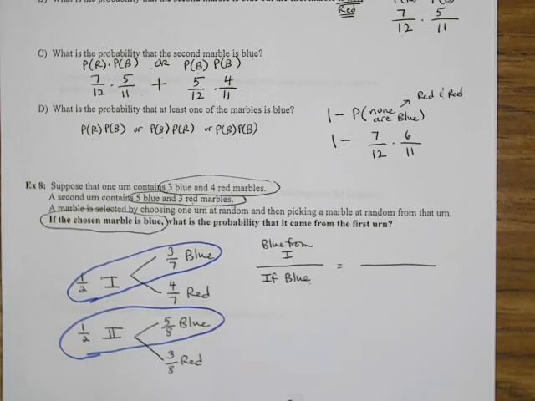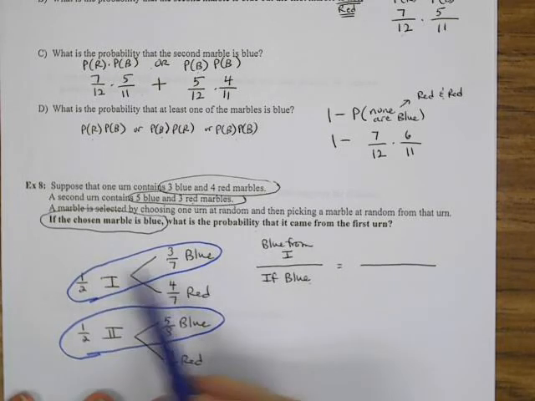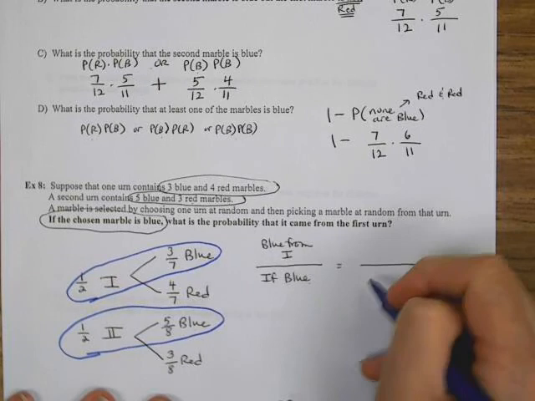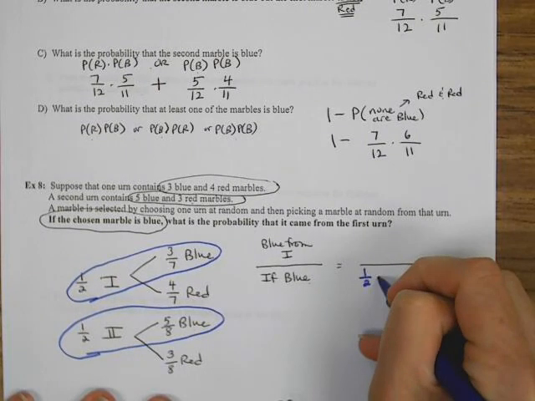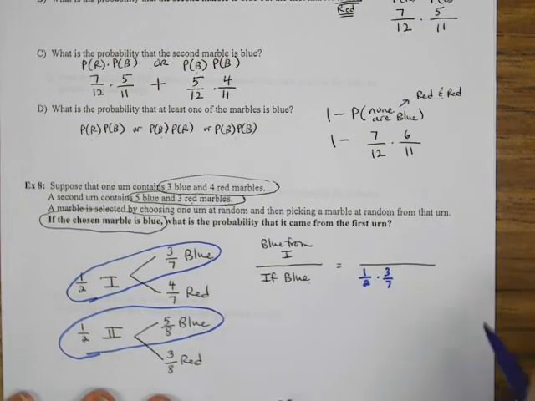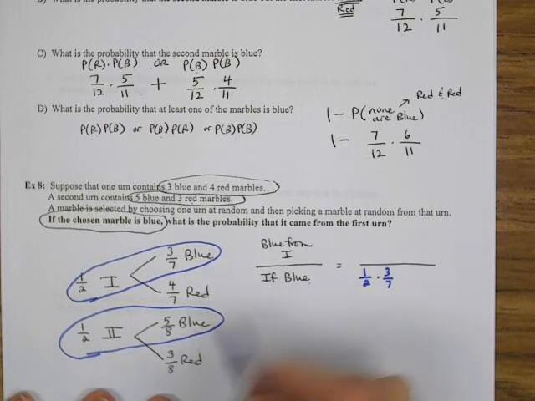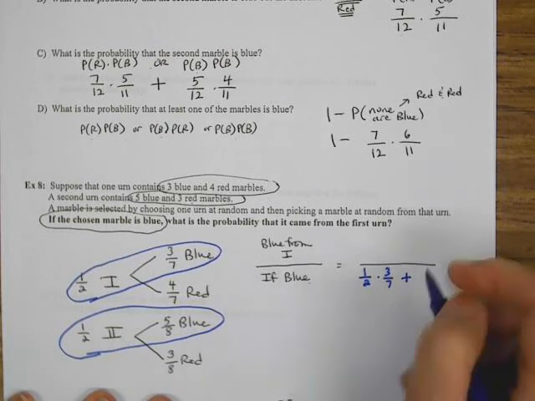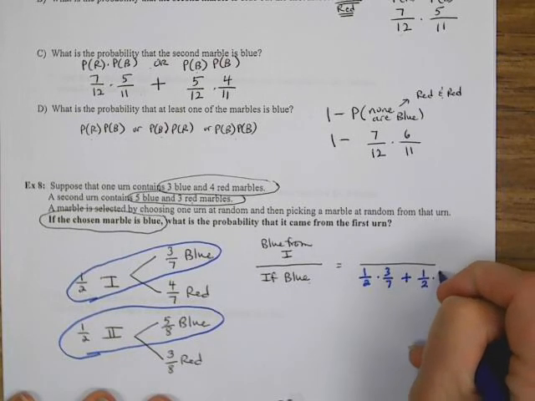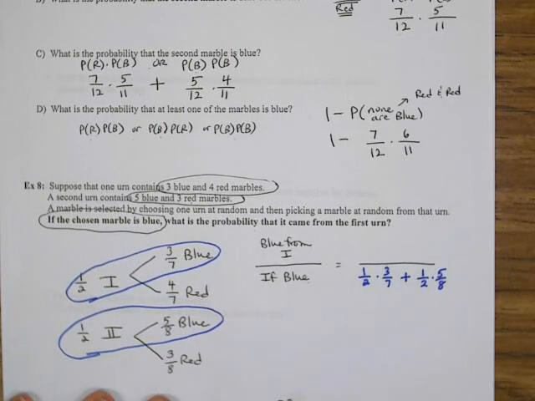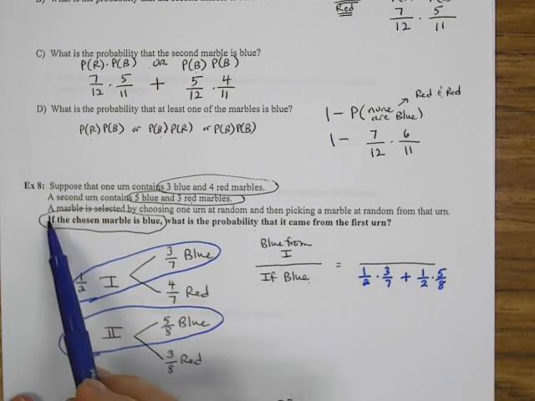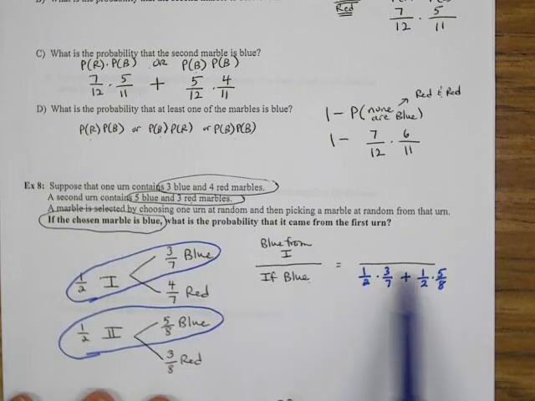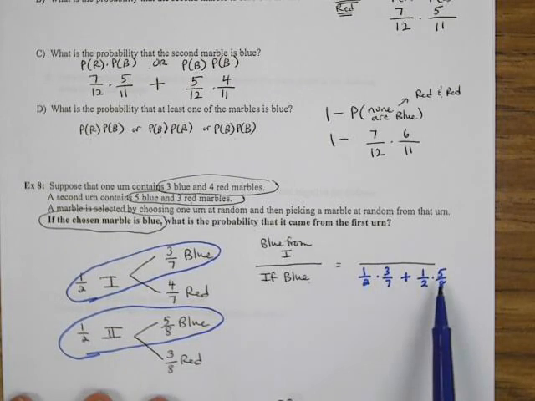All right, so these are part of the same choice, so I multiply those probabilities, so that would be 1/2 times 3/7, or, since it's an or, that's my second case, I would do 1/2 times 5/8. Those are my 2 separate cases, urn 1 picking blue or urn 2 picking blue. All right, that's assuming it said if we chose a marble that is blue. So those are all the different probabilities for getting a blue marble.